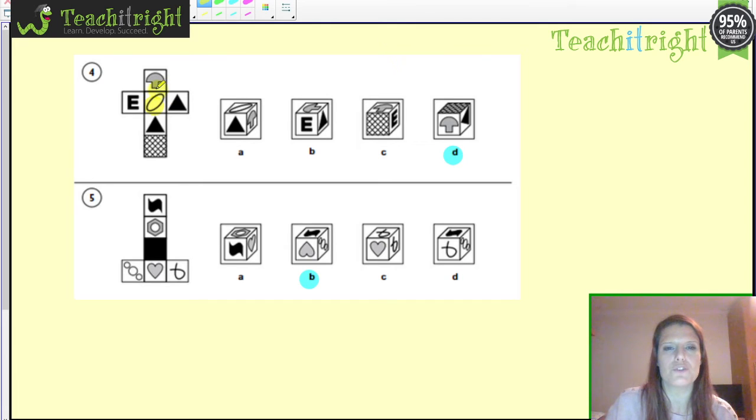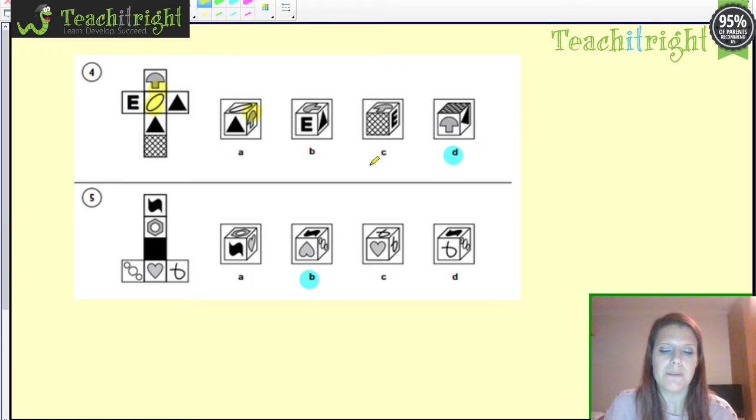See, it's at the bottom of it, not the top, like in this cube. It can't be B because the black triangle should be opposite the letter E or the grey mushroom shape. And it's not C because the grey mushroom shape is facing in the wrong direction.